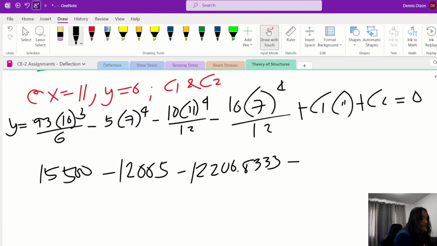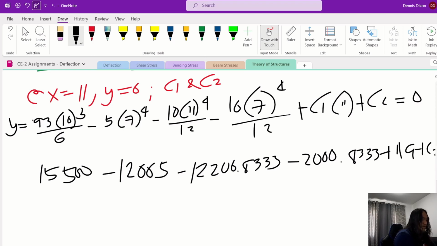Which is 12,200.8333, and then this one is 10 times 7 to the fourth divided by 12, which is 2,000.8333, and then plus 11 C1 plus C2 is equal to 0.